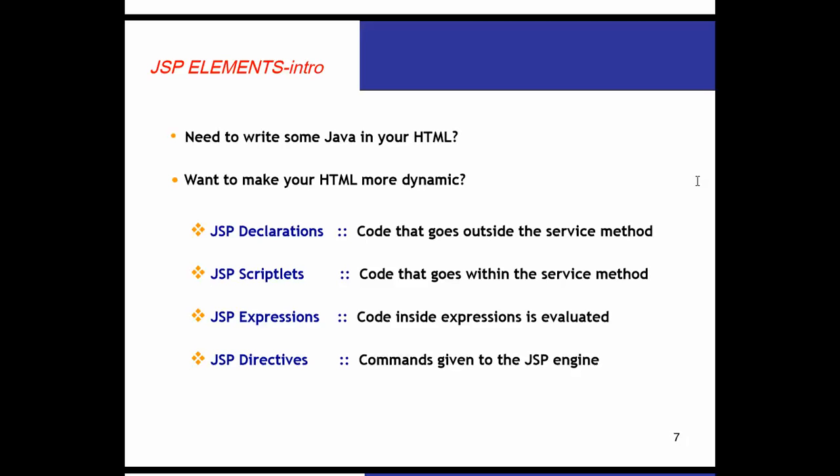To write Java code in your HTML page, you must have some elements. So we are going to discuss mainly four elements in JSP: declarations, scriptlets, expressions, and directives. These are the building blocks of your JSP page. In order to make your page more dynamic, these elements are used.